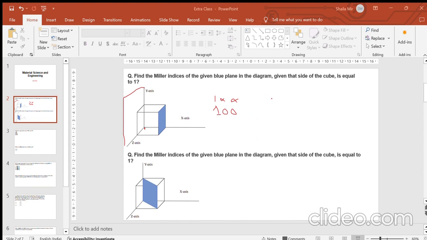So you can find the dot product first. The dot product will be 1 times 0, 1 times 1, that will be 1, and the rest will be 0. And then we have the square root of h1 square, k1 square, l1 square. So that will be the square root of 1. Then for the other plane, that will be the square root of 3. So we have cos theta equal to 1 by root 3.